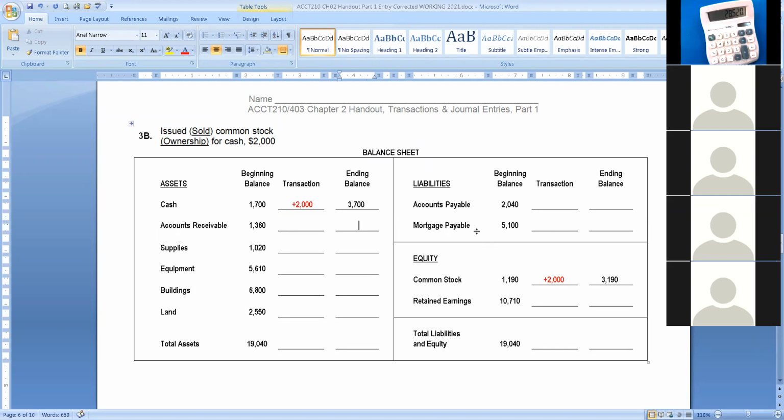Everything else is the same. All right, and this should be probably what, 2140, I think, in 2000.